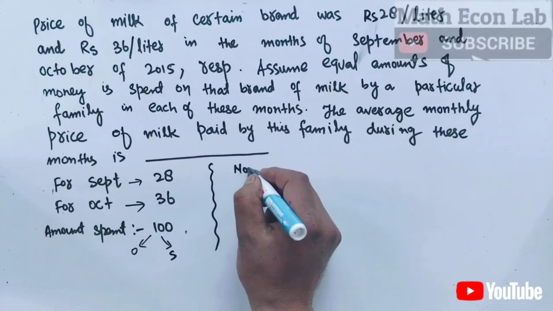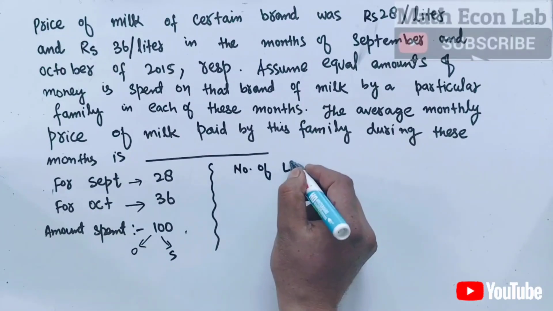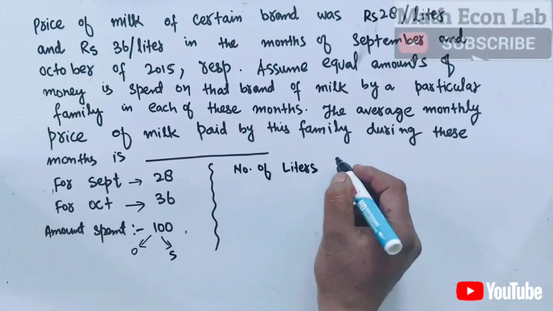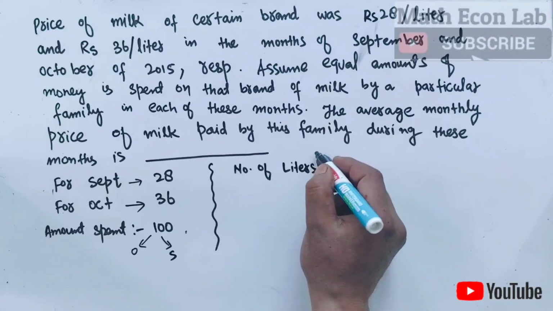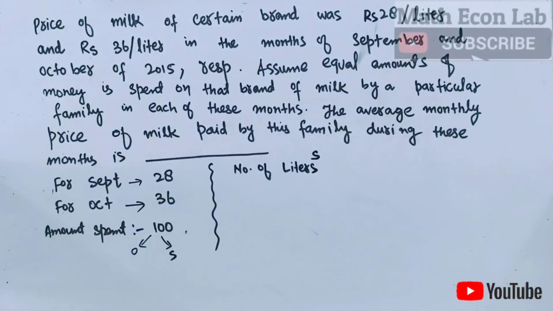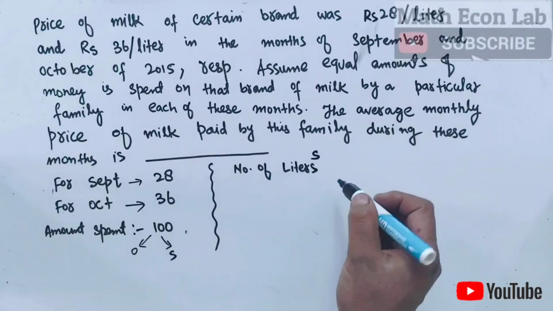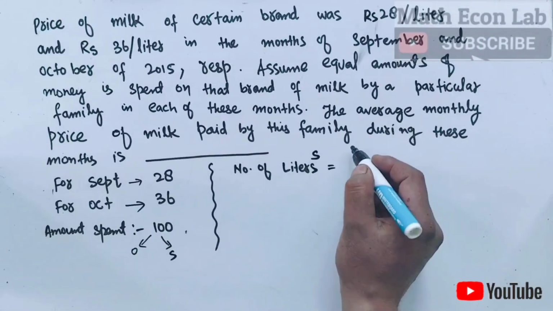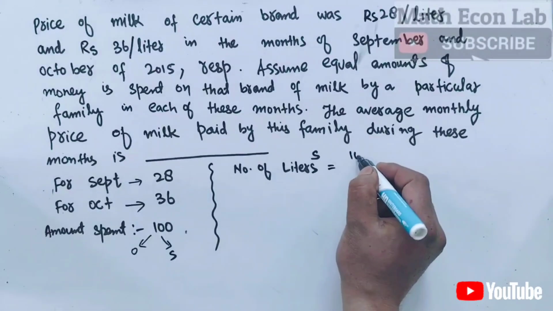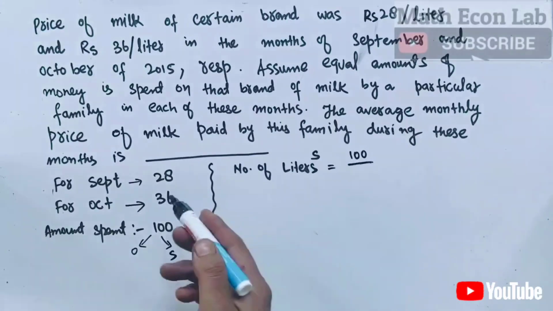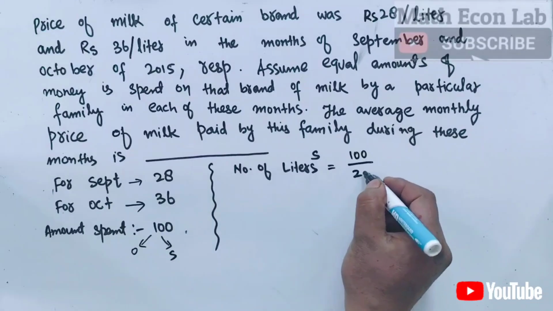Okay. Therefore, number of liters bought for September, let us write with the superscript S for September, will be equal to the amount spent, which is 100, divided by the price of milk, which is 28.